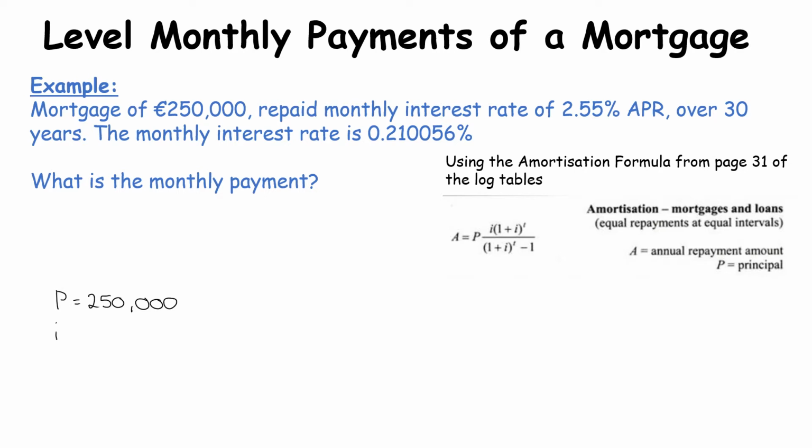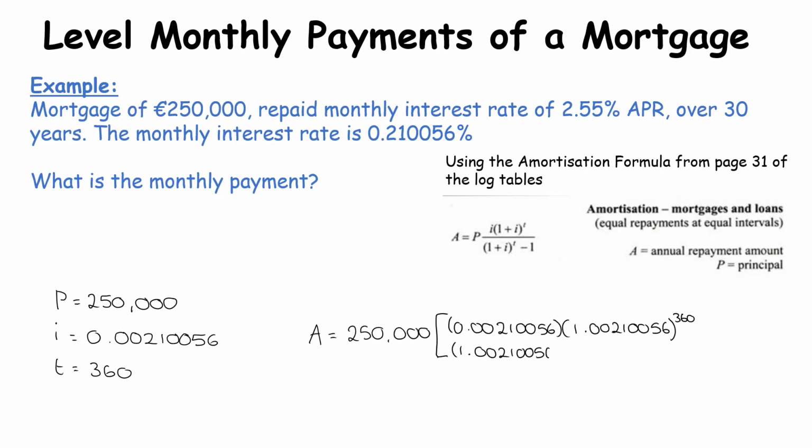We have our I as 0.210056, but remember we need that in decimal, so that is 0.00210056. And the time is 30 years, however it's going to be paid monthly, so 30 by 12 is 360. So let's put that into the formula and it looks something like this.